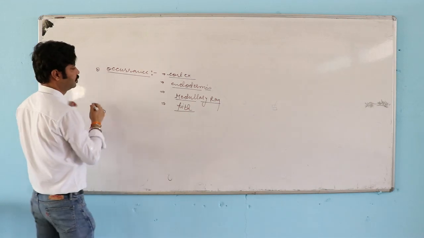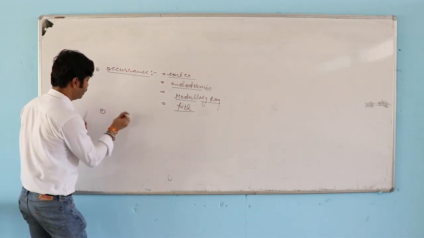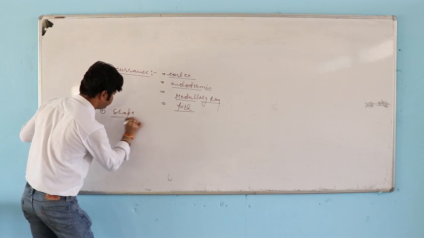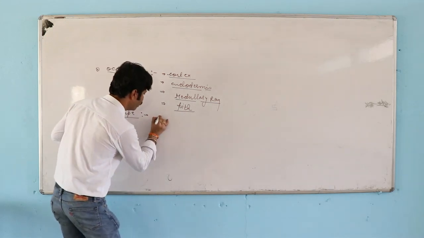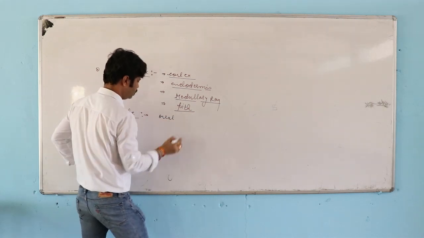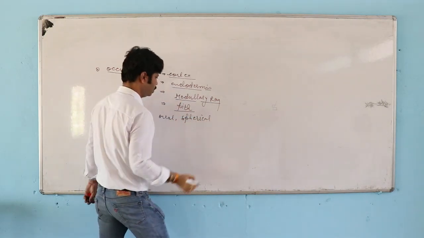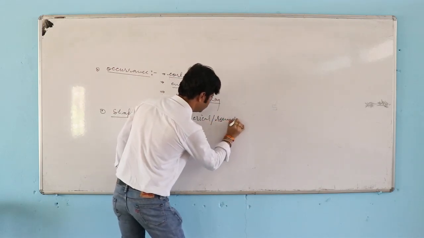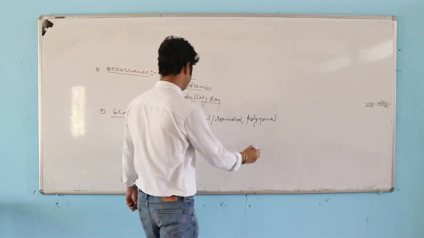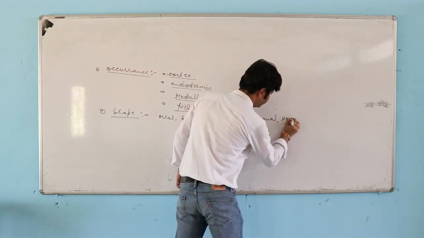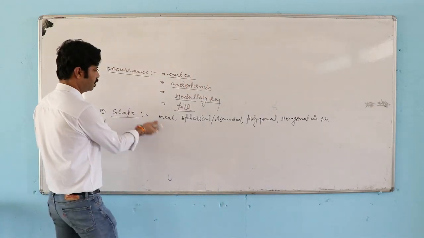Now next, the shape of the parenchyma. Basically, the shape of parenchyma may be oval, spherical or rounded, polygonal, hexagonal in shape.